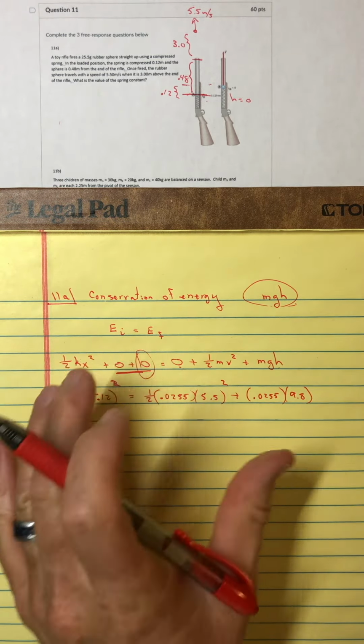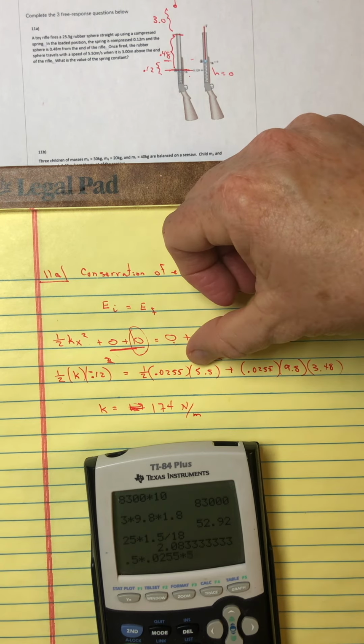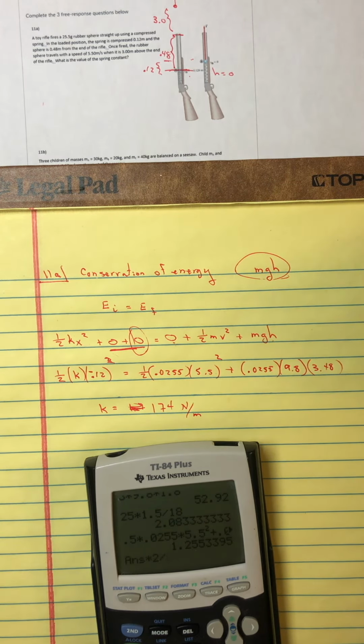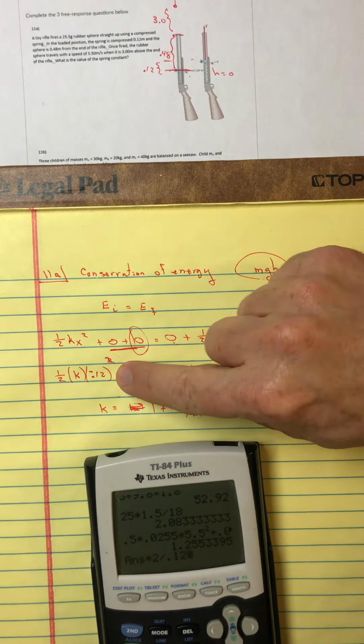So this would be 1/2 times 0.0255 times 5.5 squared, and add to it 0.0255 times 9.8 times 3.48. So that's that whole side of the equation. Bringing that 2 over and dividing by the x squared gives me 174. Yay! And so there's 11A.